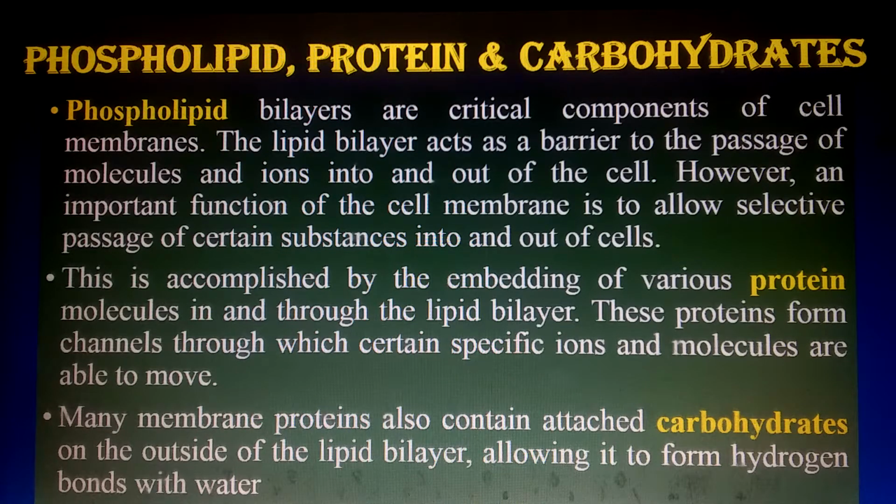This allows it to form hydrogen bonds with water. The most important function of carbohydrate is to form hydrogen bonds with water. So these molecules, phospholipids, proteins, and carbohydrates, perform different functions in the lipid bilayer.